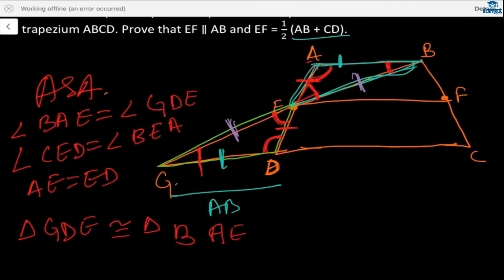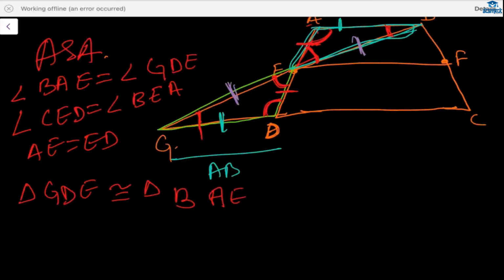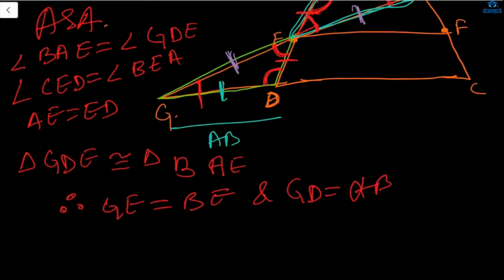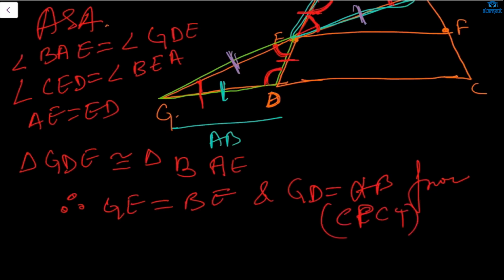Any doubt in the congruency of both the triangles? No, ma'am. Okay, so if both the triangles are congruent, then GE is equal to BE and GD is equal to AB from CPCT.